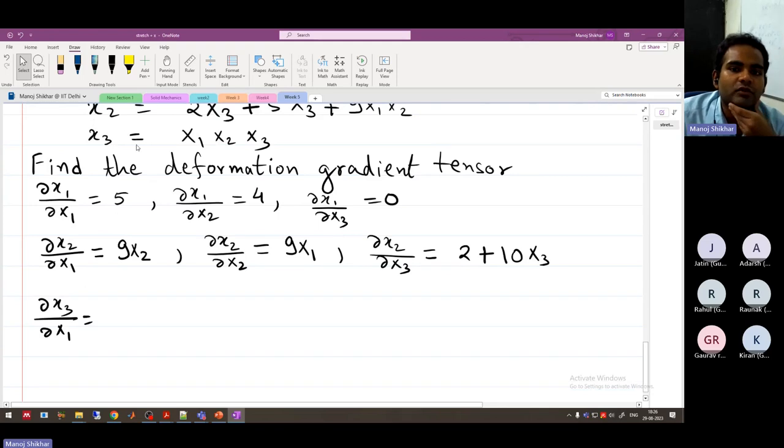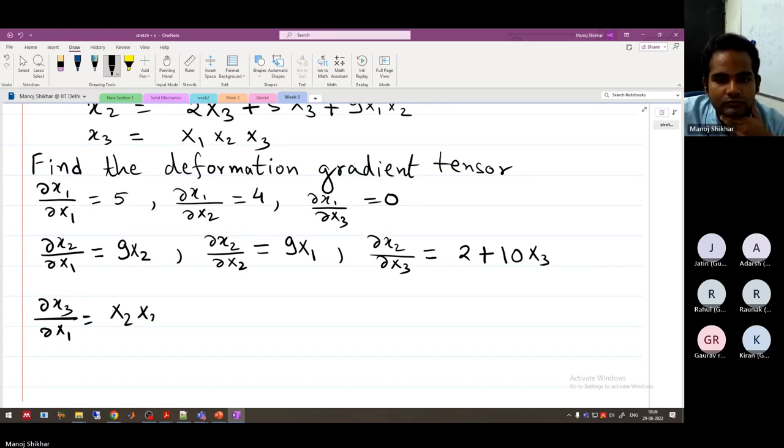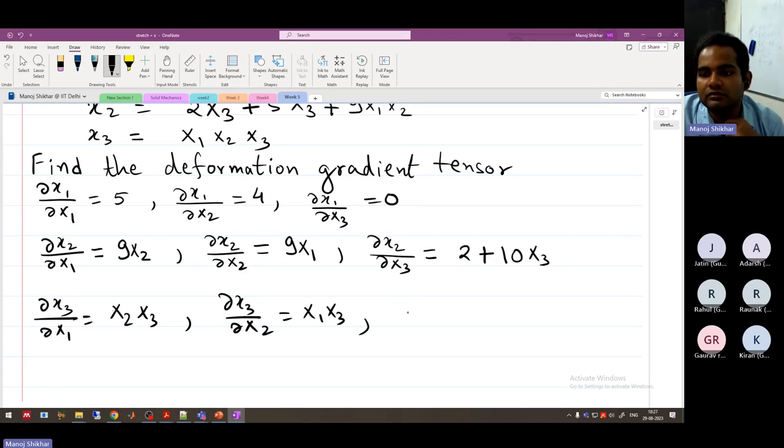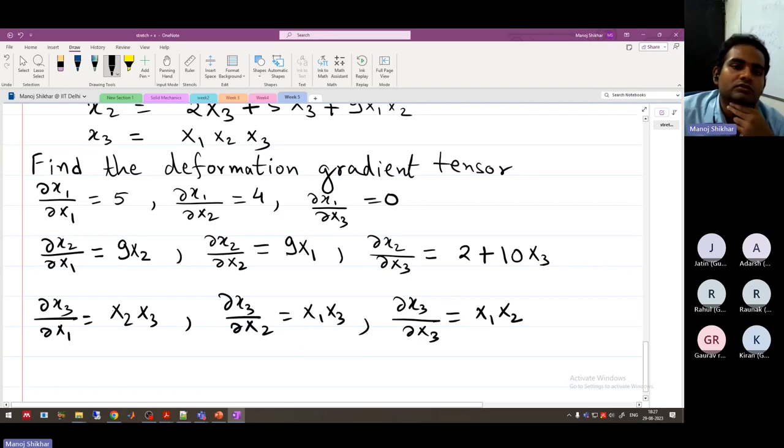Now the third row: differentiation of small x3 with respect to X1 will be X2X3. Del x3 by del X2 is X1X3. And del x3 by del X3 is X1X2.